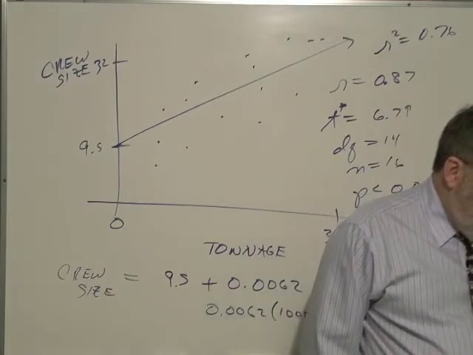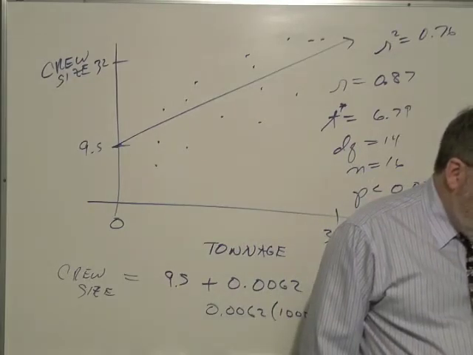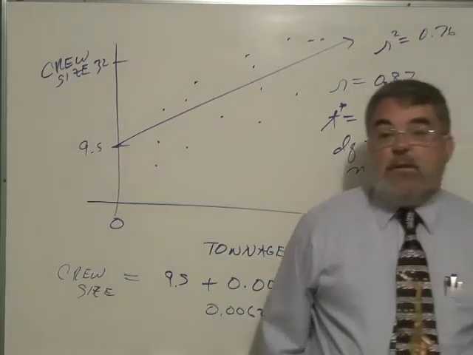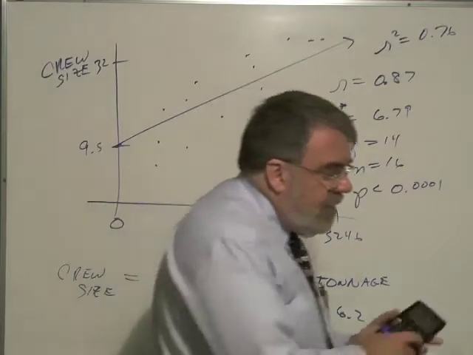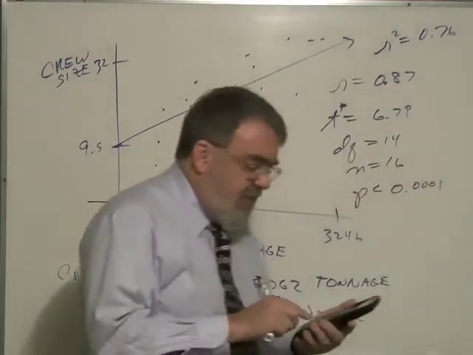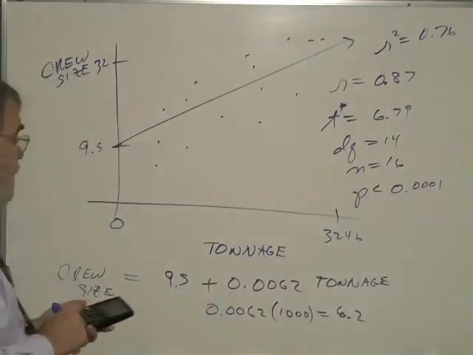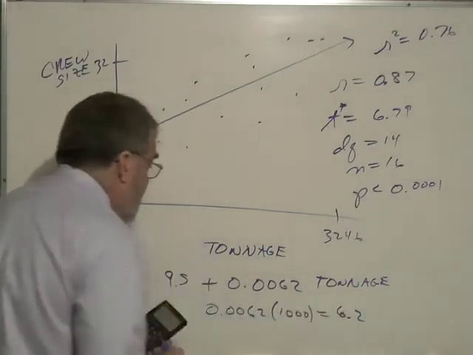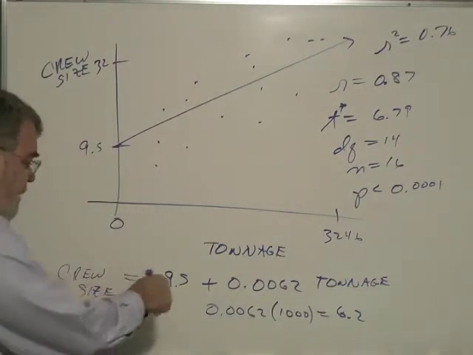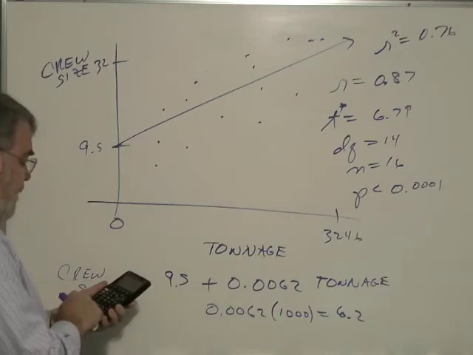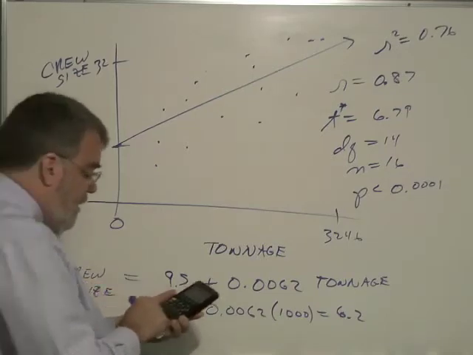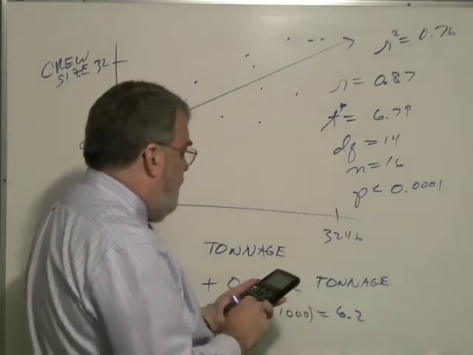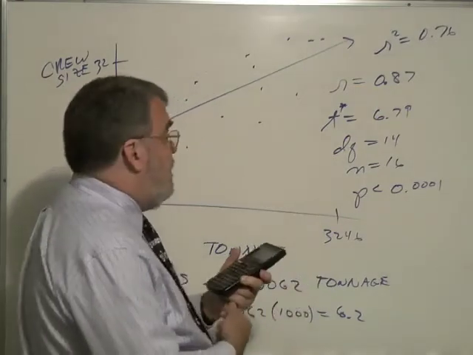Part C, what is the estimated number of crew members for the smallest ship, and what is the estimated number of crew members for the largest ship? Right, well, the smallest ship was 192 tons. Apparently that's pretty small. So if I plug in 192 here, I've got 9.5 plus 0.0062 times 192 tons is 10.7 crew members.